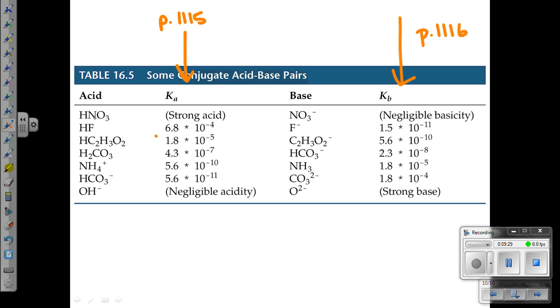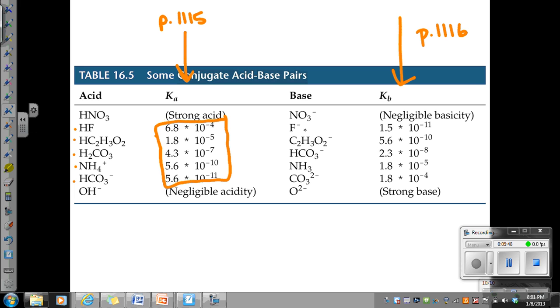So you've got strong acids. We talked about how their Kas are too large to measure. Then we've got several weak acids, and if you look at these, all of these Kas are less than 1.